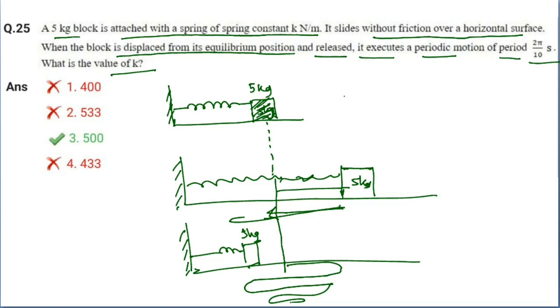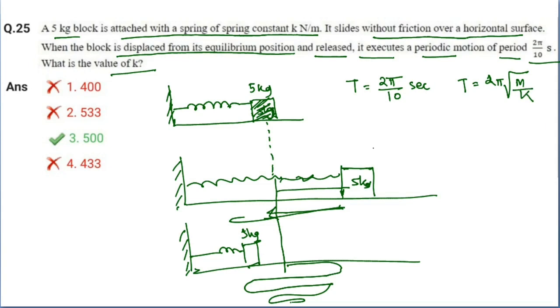Here the time period is given as T is equal to 2 pi by 10 second. But the general formula for time period in this case is T is equal to 2 pi under root m by k, where m is the mass of the body, k is the spring constant.